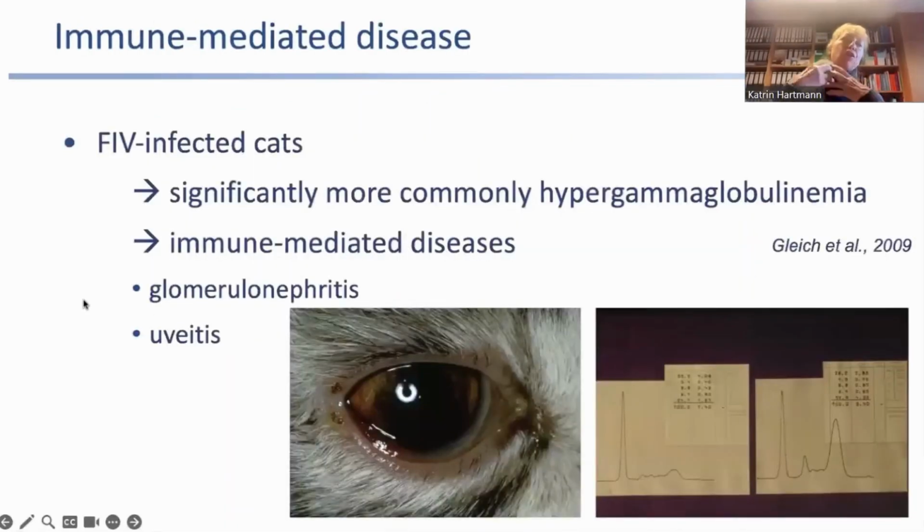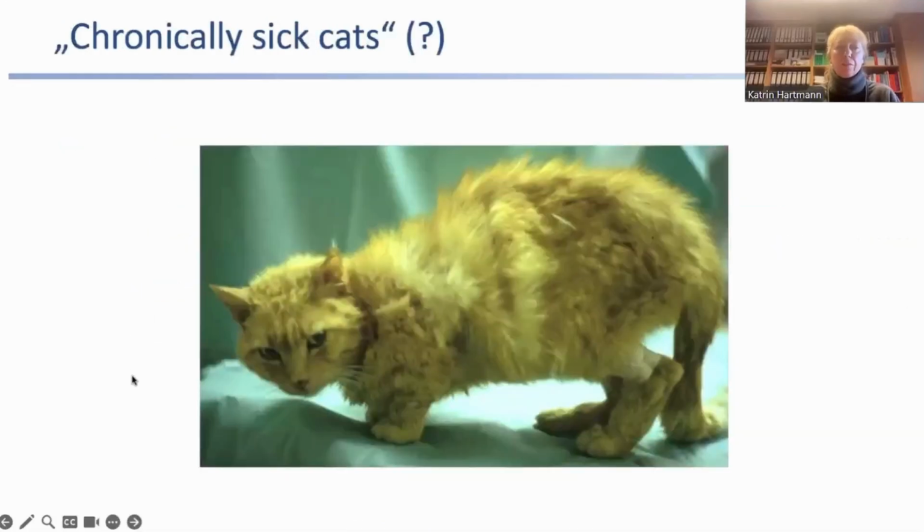Sometimes there's also an overreaction of the immune system to the FIV infection. We sometimes see these cats have hypergammaglobulinemia, and can have immune-mediated disease such as glomerulonephritis or uveitis, but again, not very common. In earlier times, this was one of the first cats with FIV I saw. This was really an emaciated, poor little cat.